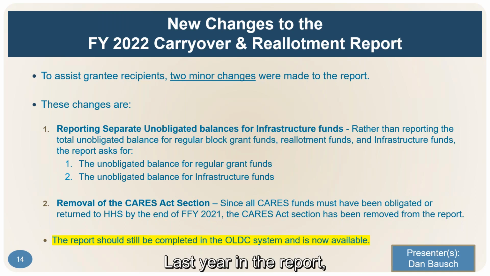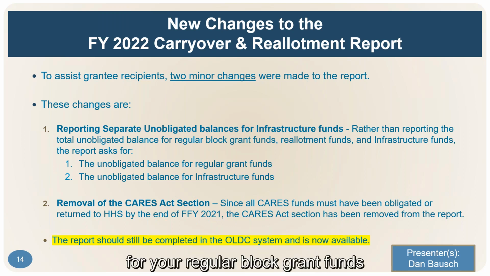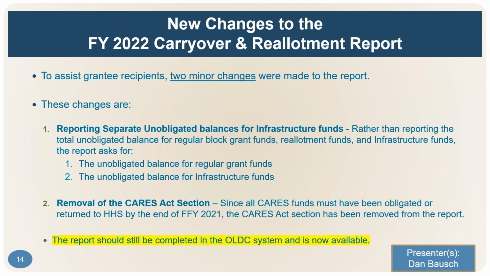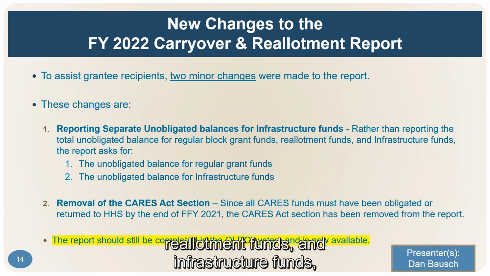Last year in the report, you were asked to report information bundled together for your regular block grant funds, along with the reallotment funds and the Infrastructure Act funds, including the amount that was unobligated. This year, you're still provided with the total amount you received in regular block grants, reallotment funds, and infrastructure funds.